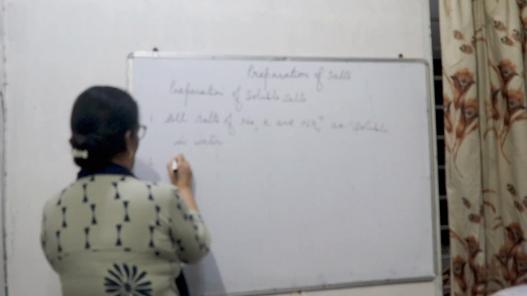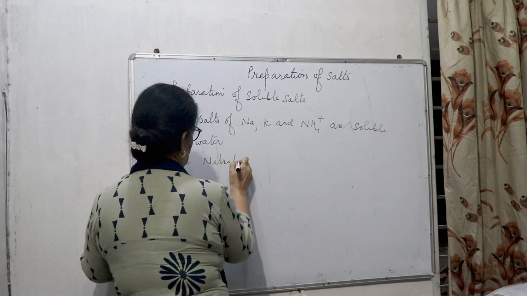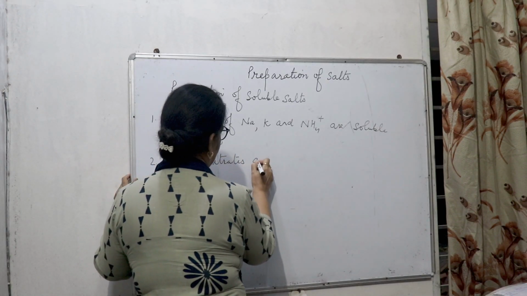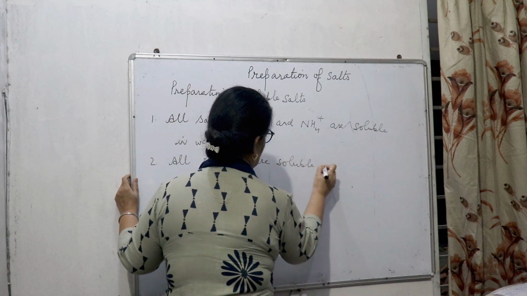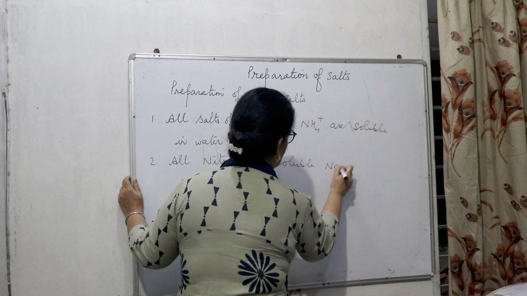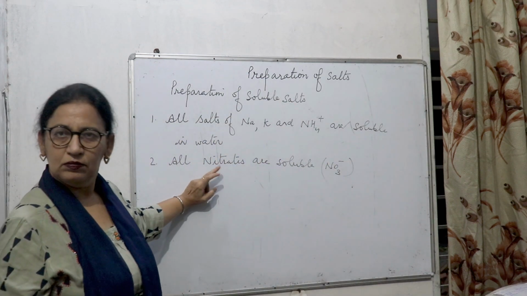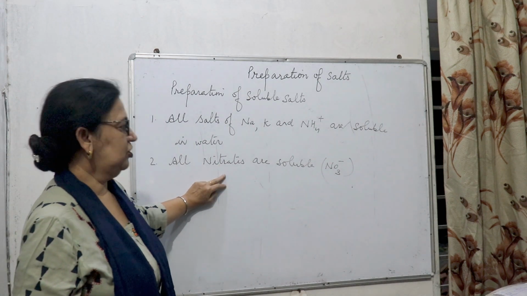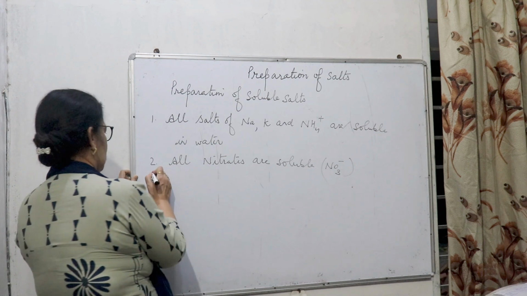Secondly, all nitrates are soluble. Nitrate, that is NO3 minus. All nitrates are soluble, like calcium nitrate, magnesium nitrate, zinc nitrate. So all nitrates are soluble.